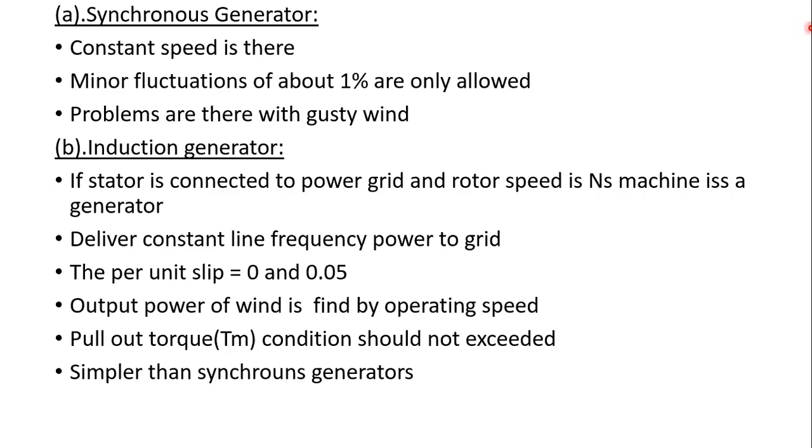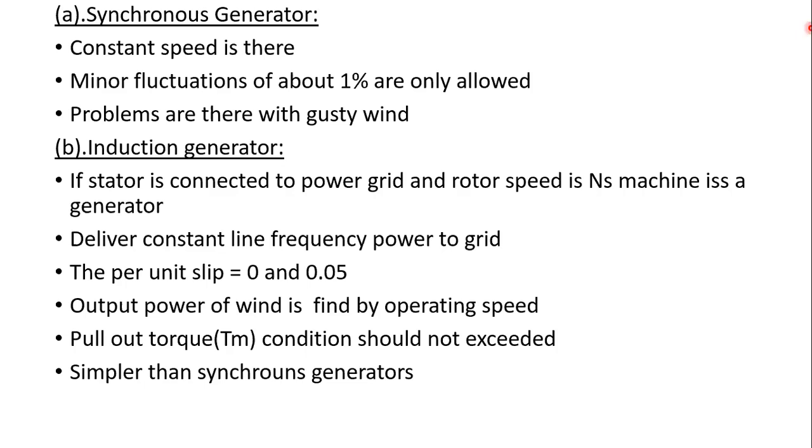If you connect the stator to the power grid and the rotor rotates at synchronous speed, it acts as a generator delivering constant line frequency power to the grid. The per unit slip at that time oscillates between 0 and 0.05. The output of the wind driven induction generator is uniquely determined by the operating speed only.